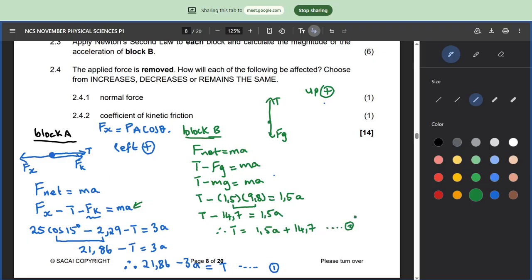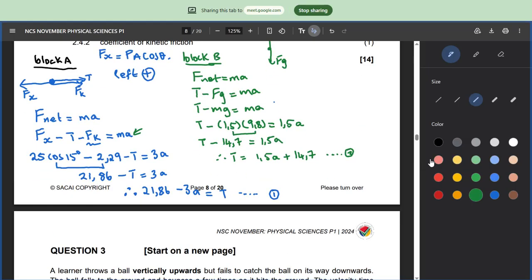But remember, tension is equal, right? So I can equate both of these equations to find acceleration. I can say that equation 1 is equal to equation 2. So equation 1, that will be 21.86 minus 3A, and equate this to 1.5A plus 14.7.